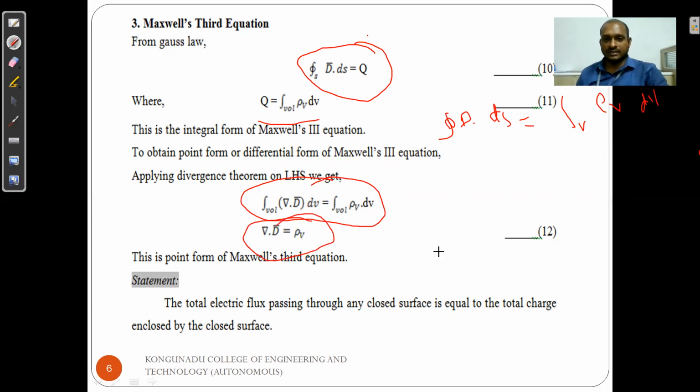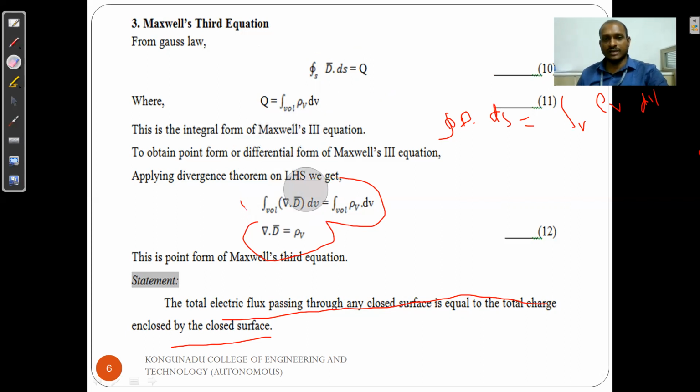Statement: the total electric flux passing through any closed surface is equal to the total charge enclosed by the surface.